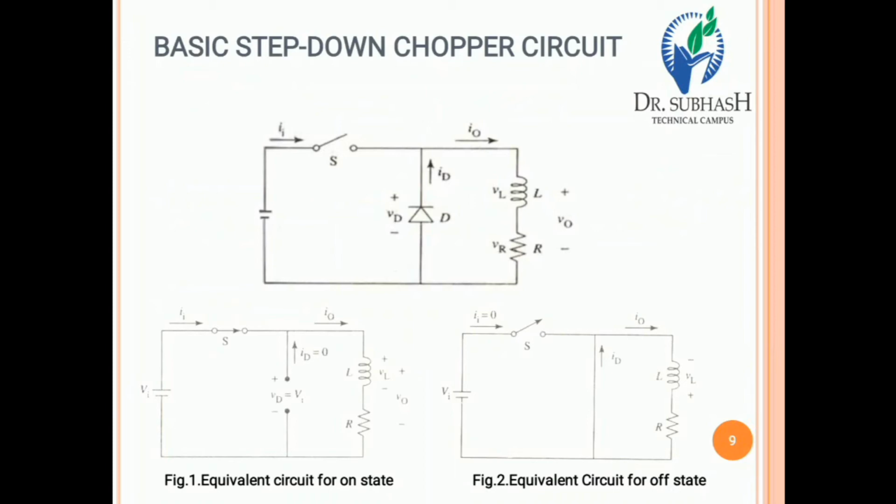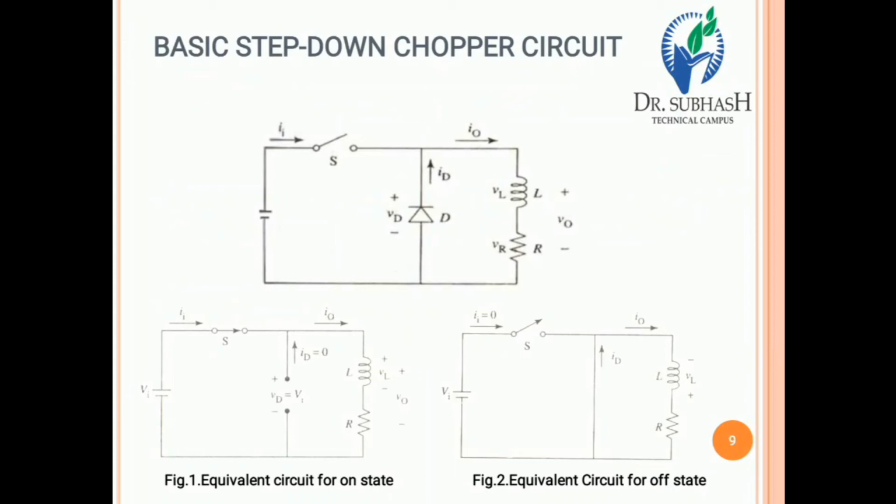The switch can operate in two different modes: either the switch is turned on, or the switch is turned off. In the bottom figures, figure A is the equivalent circuit of the on state, and figure B is the equivalent circuit of the off state.